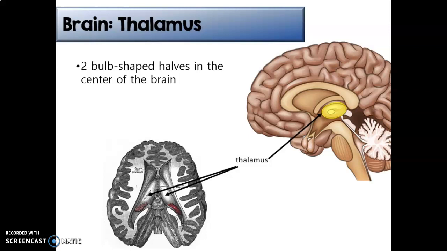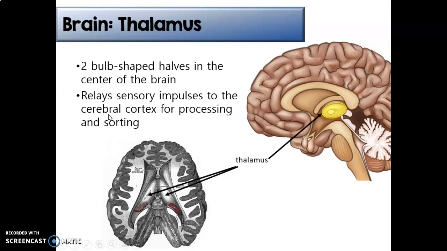So let's talk about the thalamus. The thalamus is the two bulb-shaped halves in the center of the brain. You can see it both on the side view and on the inner view, and you can see that you have two sides, the left hemisphere and the right hemisphere.